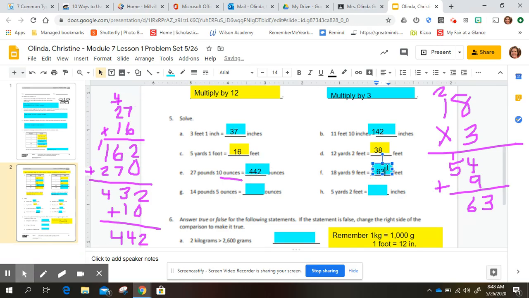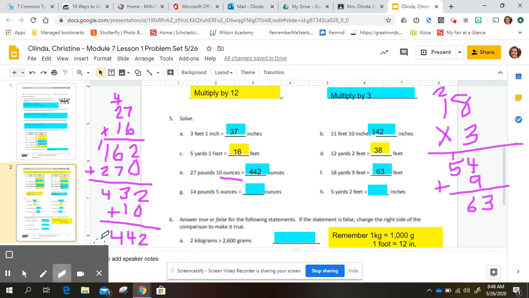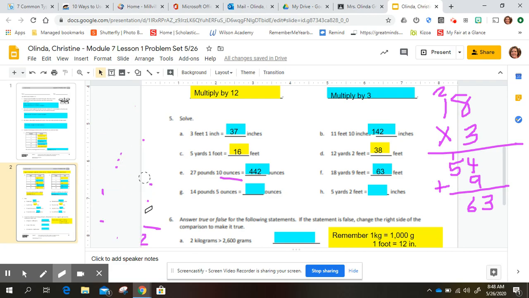All right, G is 14 pounds, 5 ounces. And so we know that we have to go from pounds to ounces, and that's multiplying by 16. So I had 14 pounds, and to make that ounces, I have to multiply by 16. 6 times 4 is 24. 6 times 1 plus 2 is 8.